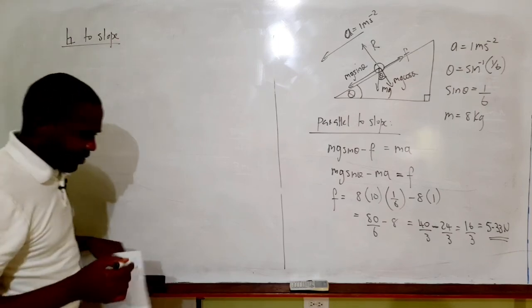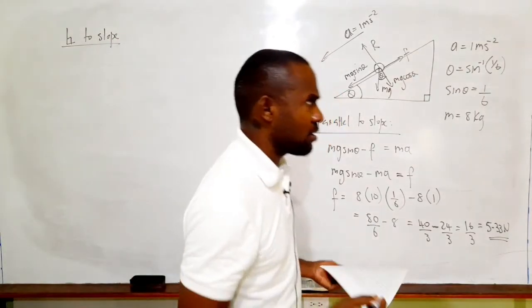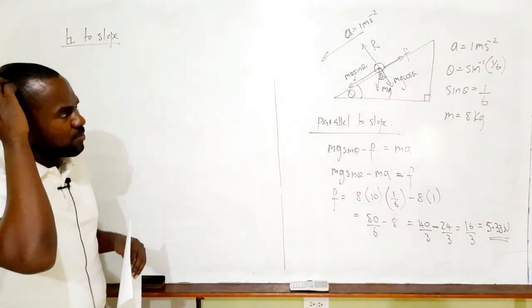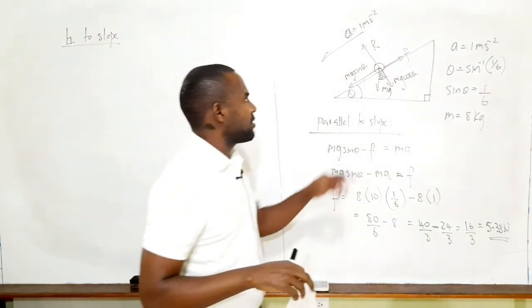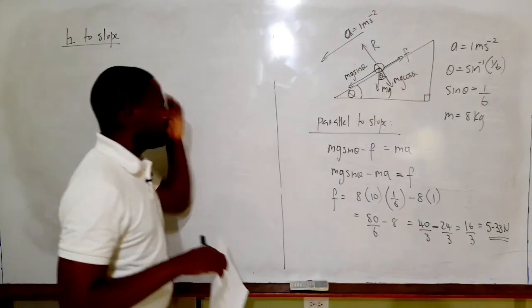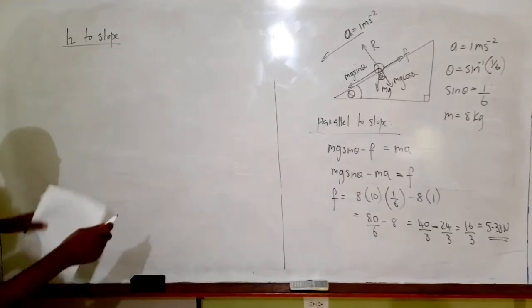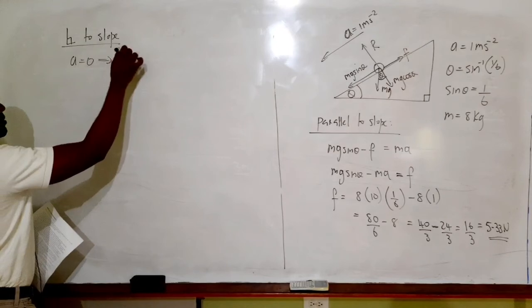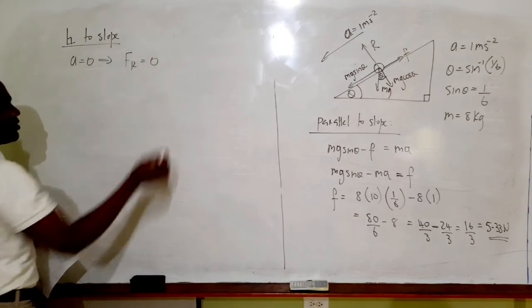Now, because we're not told of any motion perpendicular to the slope, then basically what we must do is to assume that the forces are in equilibrium in that direction, and therefore the normal reaction R is equal to mg cos theta, right? So we're going to assume that acceleration equals 0, and so therefore this means that the resultant force along that direction is equal to 0.